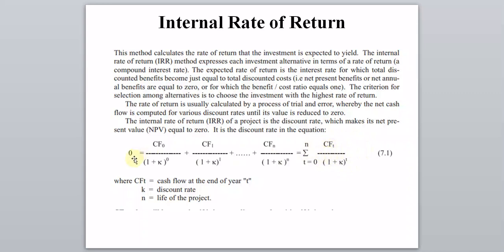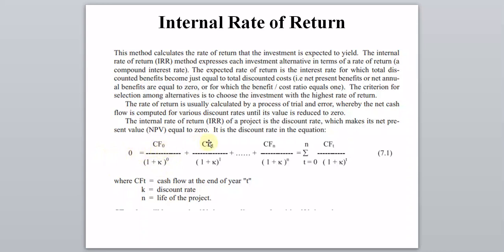Now we are going to manipulate the values of k. We are going to change the values of k over a range of values, and then make this less than the projected value. You will understand once you see the example.